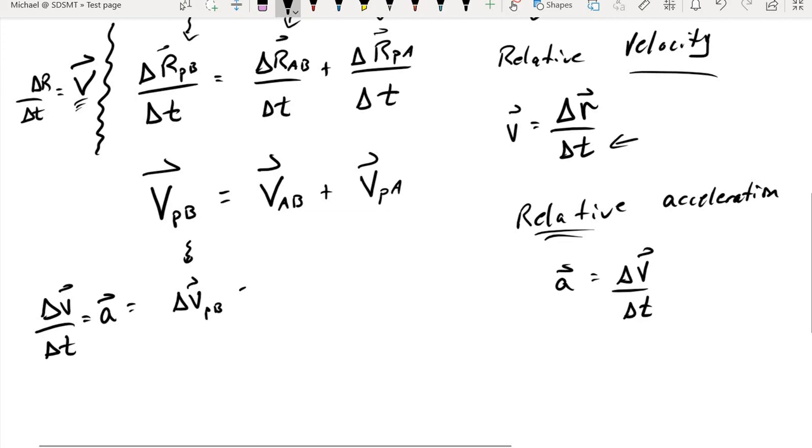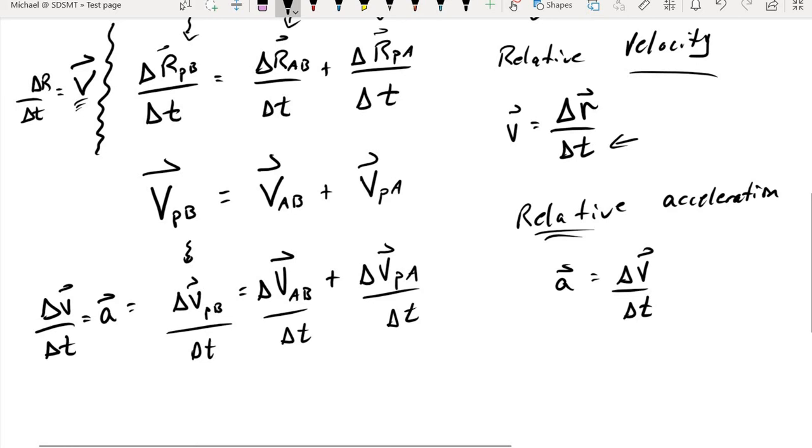If our point changes its velocity with respect to the B reference frame, if our A frame changes its velocity with respect to the B frame, and if our point changes its velocity with respect to the A frame. If we then measure all of those with respect to time, we now have acceleration expressions.